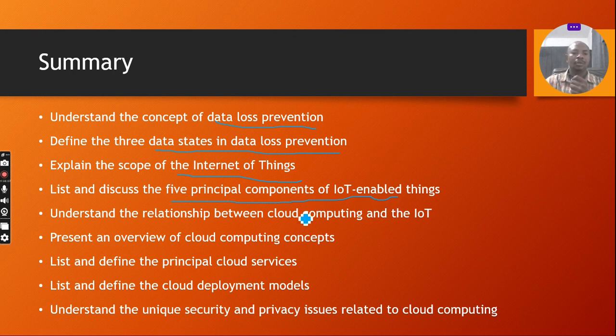We looked at the relationship between cloud computing and the Internet of Things, an overview of cloud computing concepts, and the principal cloud services. We defined the cloud deployment models, and then we tried to understand the unique security and privacy issues related to cloud computing.